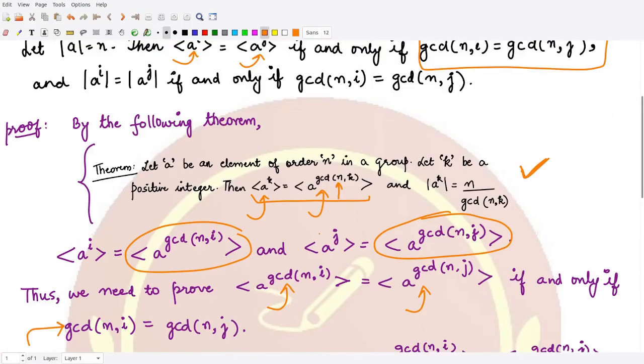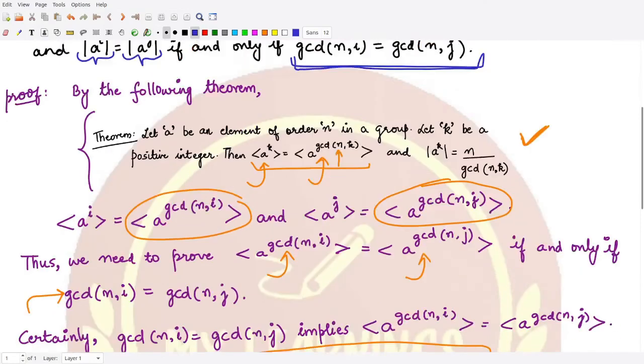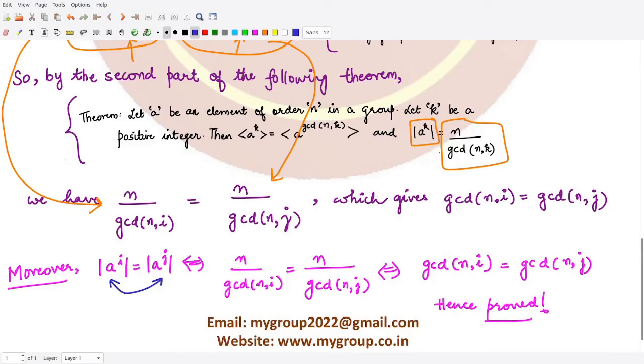For the next part of the theorem, we wanted to prove that if the order of a to the power i is equal to the order of a to the power j, then both their GCDs are equal to each other, and vice versa. So let's see the result here. Because we are assuming that both of them are equal to each other, according to the previous theorem we can apply this result, and we have n divided by GCD of n with i is equal to n divided by GCD of n with j.